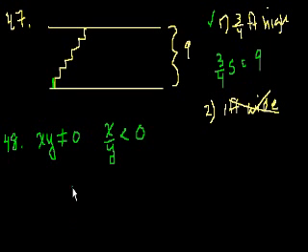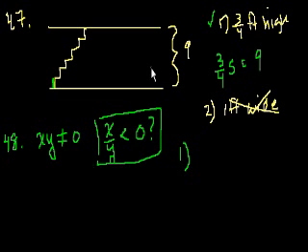So let's see what we can do with their information. Number 1, and this is the question, is x divided by y less than 0? Statement 1 says x is equal to minus y. Well, immediately, let's just substitute that back in.